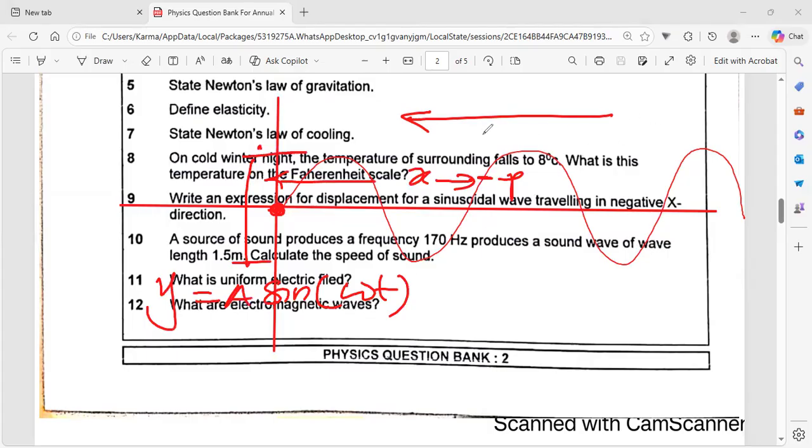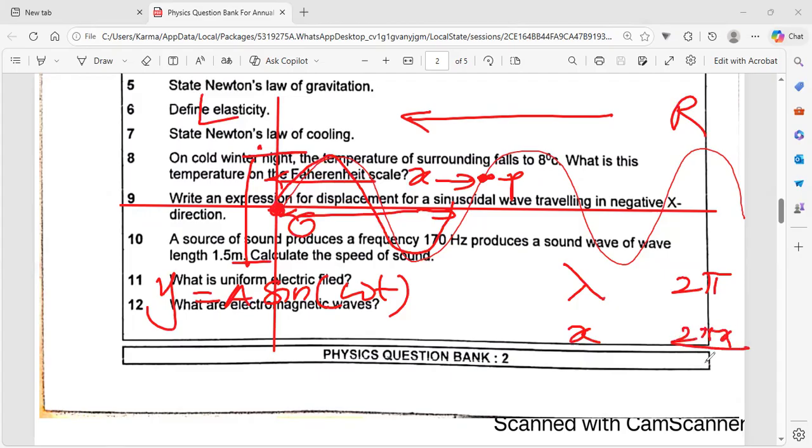Particular point P comes in the path of the wave first whenever it is traveling from right to left. So point P leads and the origin lags. How much does it lag? For the distance lambda, the angle is 2 pi. When the distance comes to x, it is 2 pi x upon lambda.